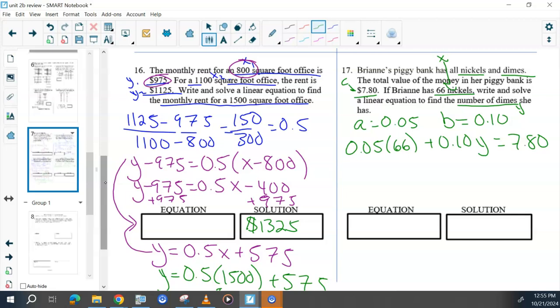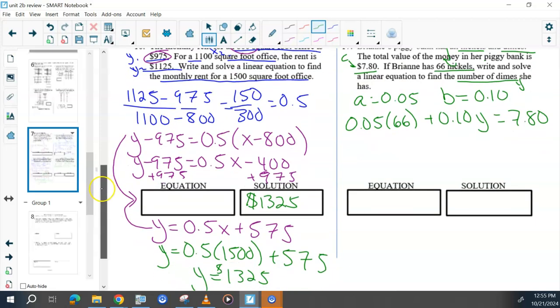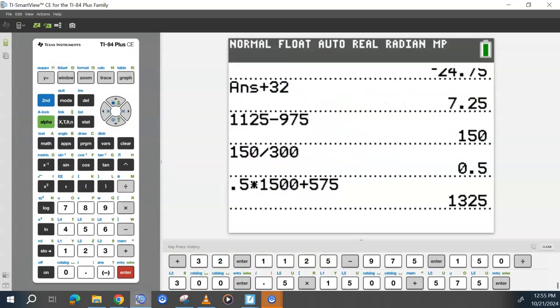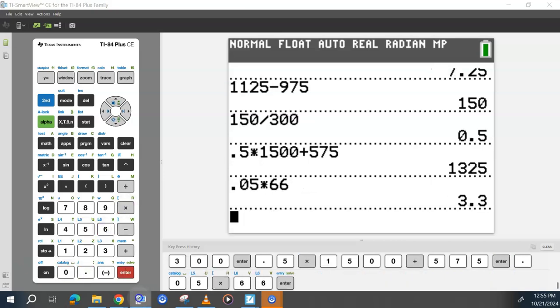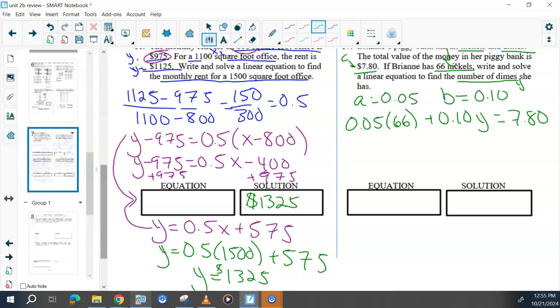If you had switched the variables and made dimes a instead, you'd have a different variable, but you would still get the same answer. Make sure you have the 0.05, not 0.5, when you're multiplying, so 3.3 plus 0.10y equals 7.80. Subtract on both sides.